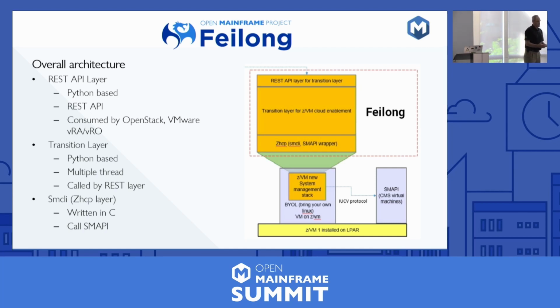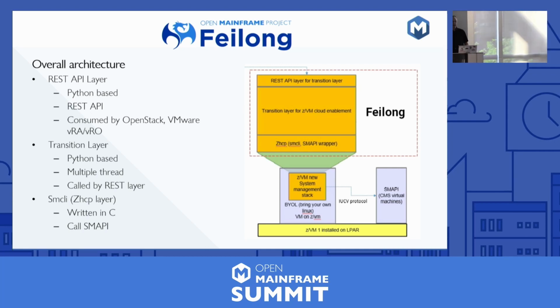What IBM has done is they've created this SMCLI tool. It's actually an executable that gets called with a whole bunch of parameters passed, and it actually tells SMAPI what to do, which tells z/VM what to do. Create a virtual machine, attach a network to it, create a disk, attach that disk to the virtual machine, all of those kinds of things that I'm talking about.